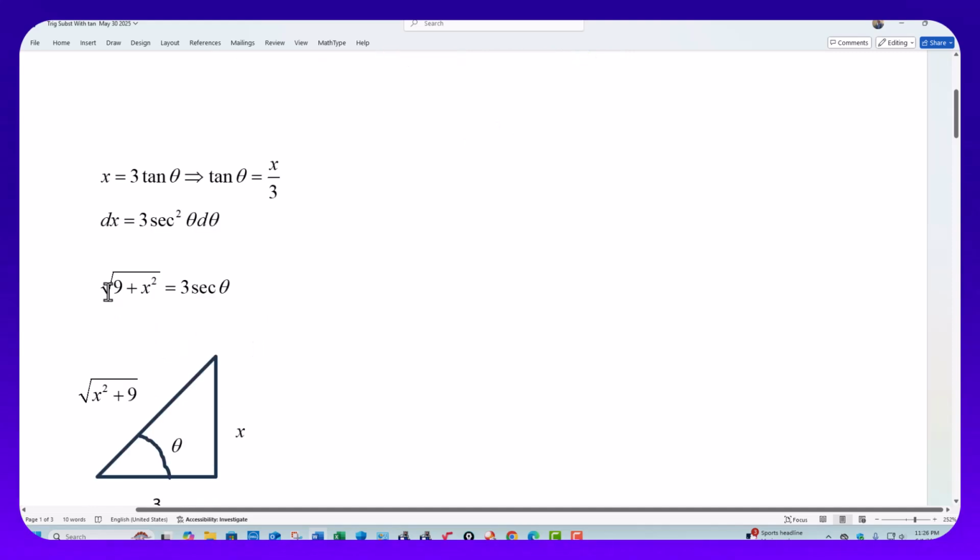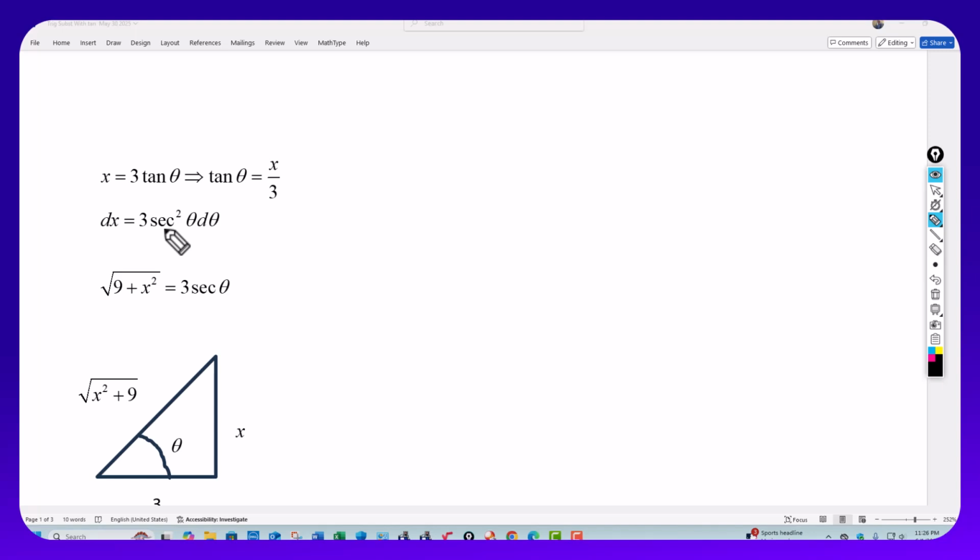Then we have the radical, the square root of 9 plus x squared. If I replace the x with 3 tangent theta, then under the radical I get 9 plus 9 tangent squared theta. If I factor out the 9, I get 1 plus tangent squared theta.